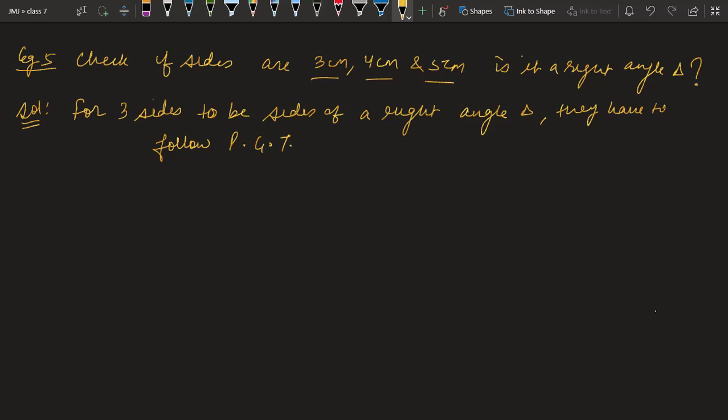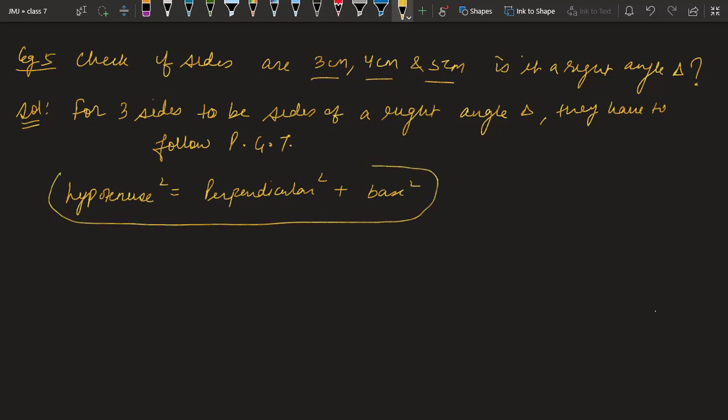Okay, so let's see, that is hypotenuse square is equal to perpendicular square plus base square. We have to check whether the given sides are satisfying this equation or not.